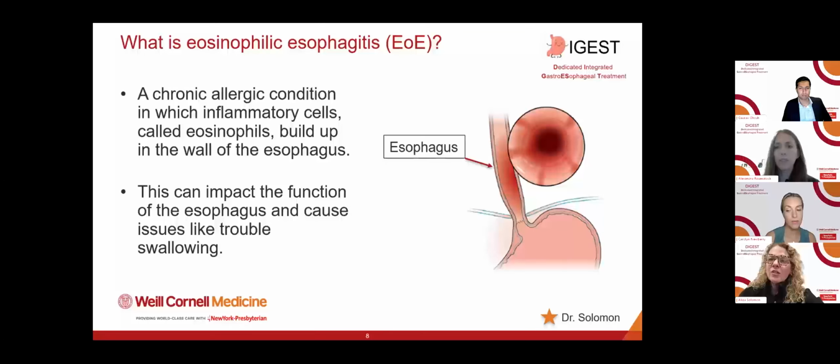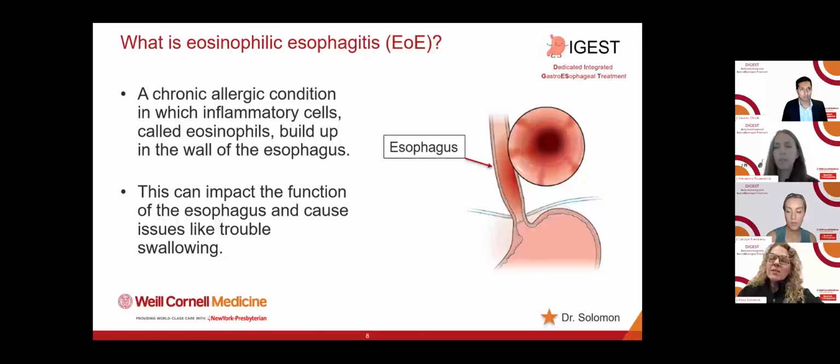So unfortunately, there is no blood test or any other test that can detect this buildup in the esophagus. So really, we have to do an endoscopy and look under the microscope to detect the number of eosinophils that are present there. And we know that it is typically found when there are more than 15 eosinophils as we look under an area in the microscope.